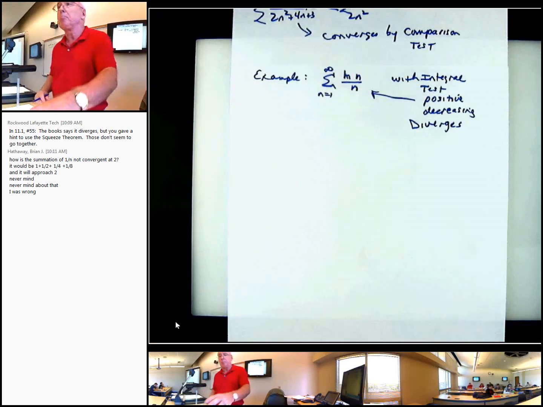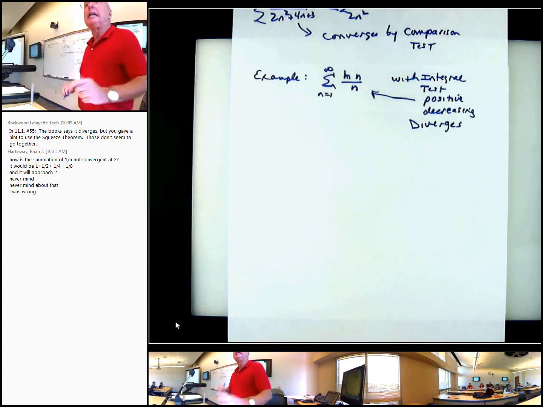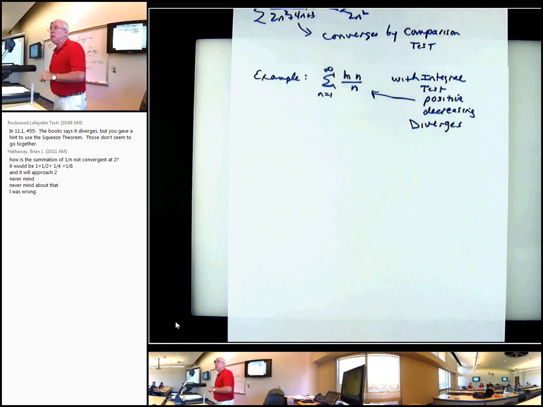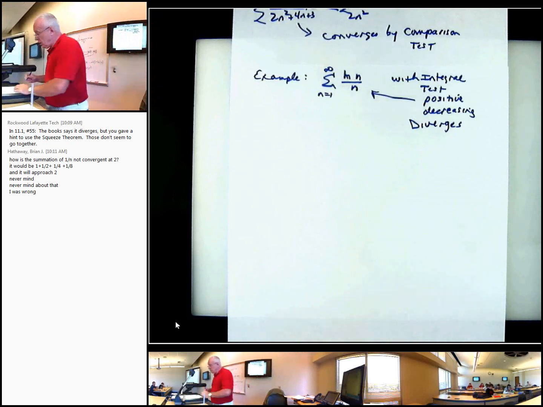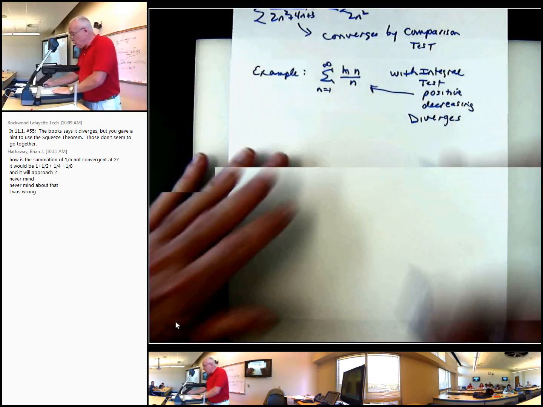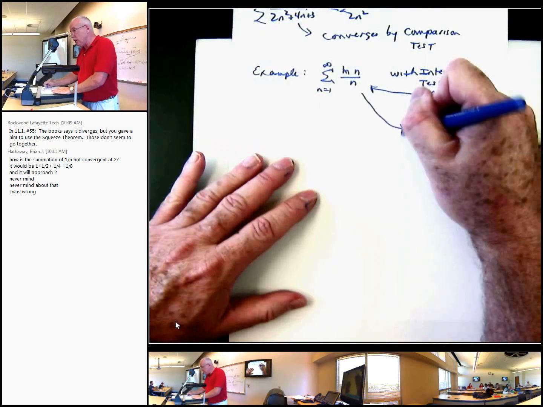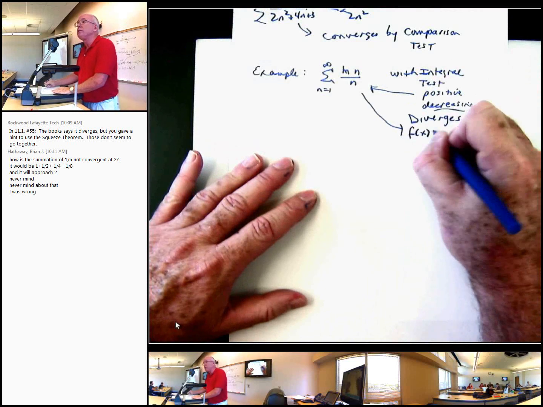Yeah, Jenna? How do we know about the positive and decreasing? Well, we've talked about that in the last class, so you can see me after class on that one, okay? I'll just tell you in brief. We found out it is decreasing because we compare with the integral test. We have to find a comparison function.